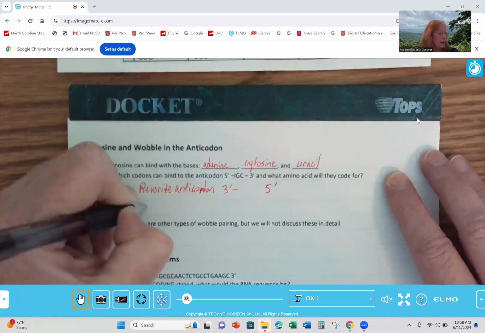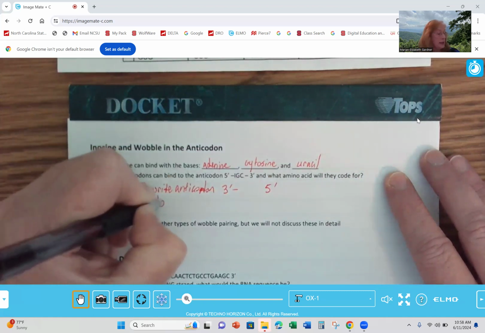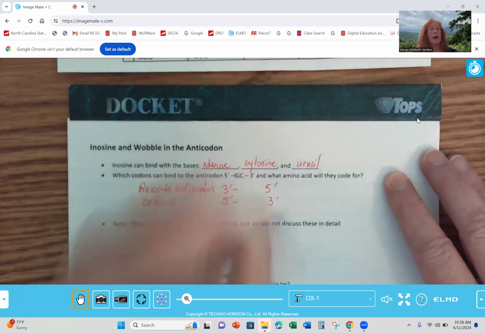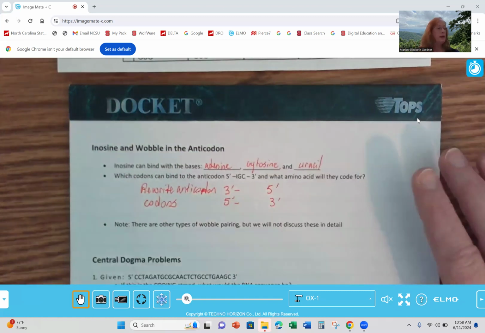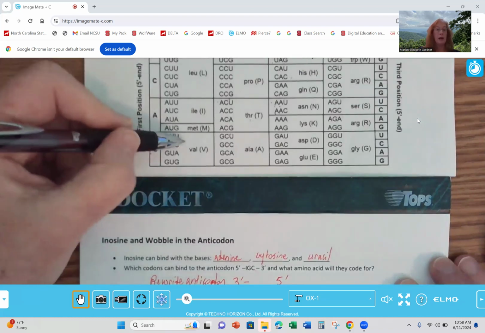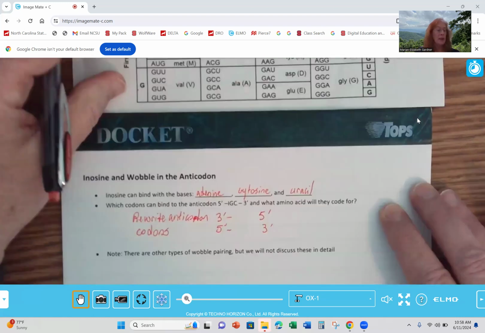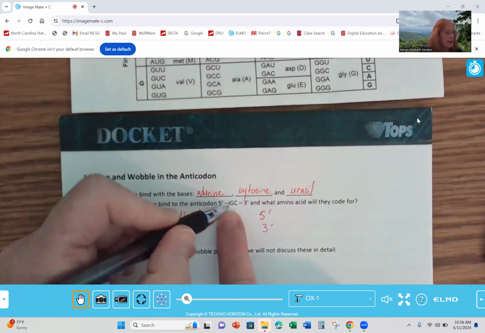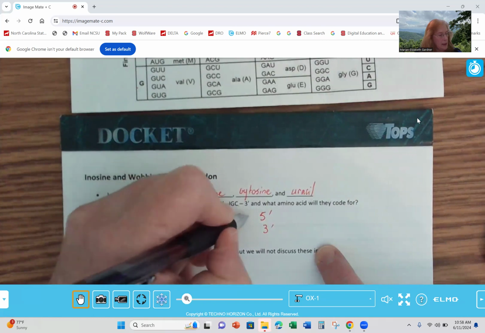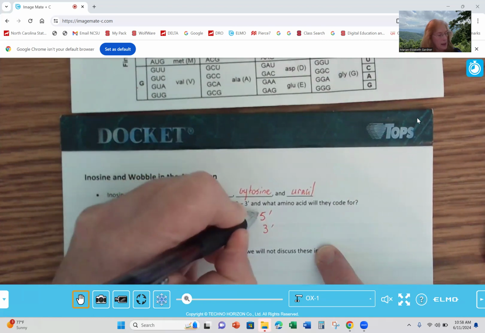And I do that because then I can think of codons being 5' to 3'. And that's easier for me because on our coding dictionary, our codons are written 5' to 3'. So let's see. IGC, next to the 3' end is C, then G, then I.